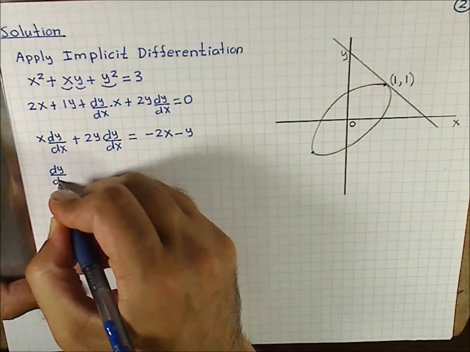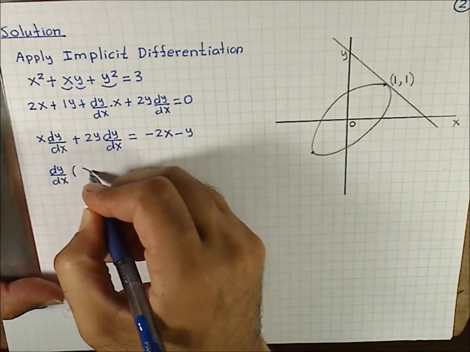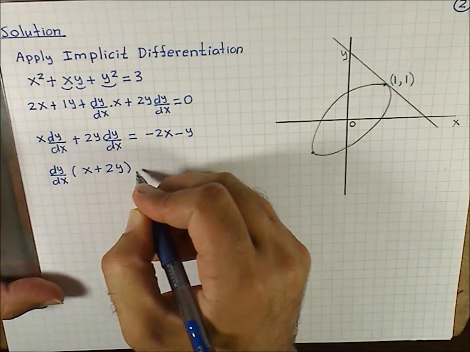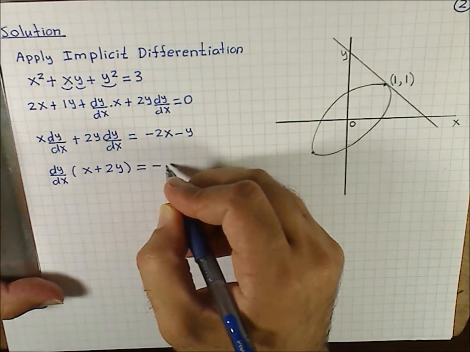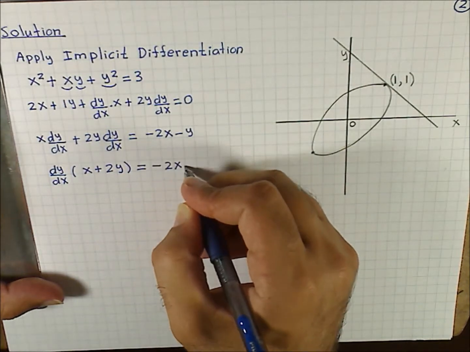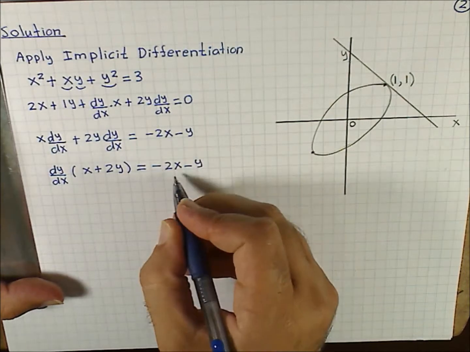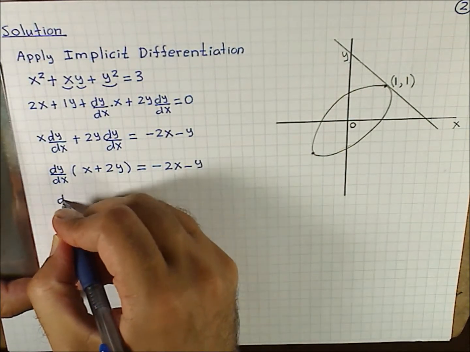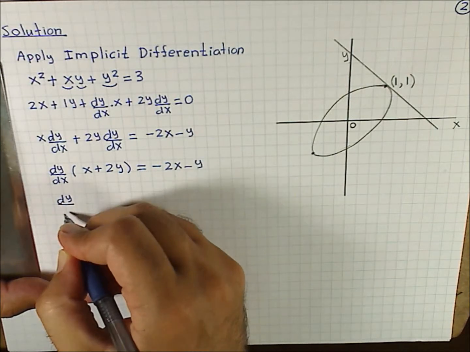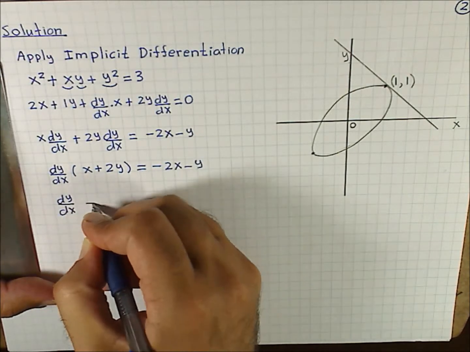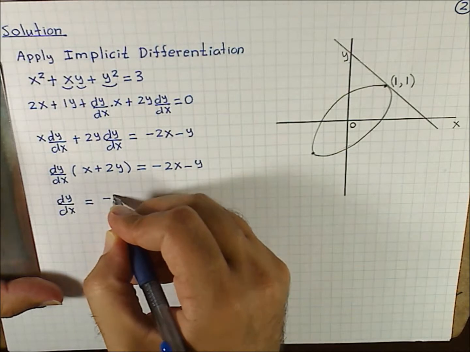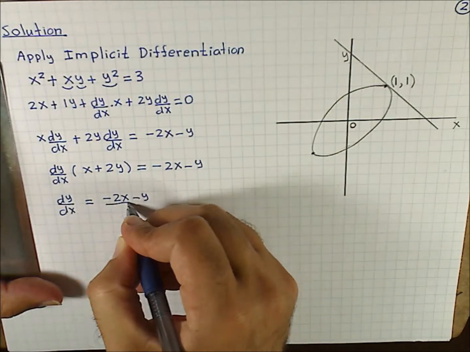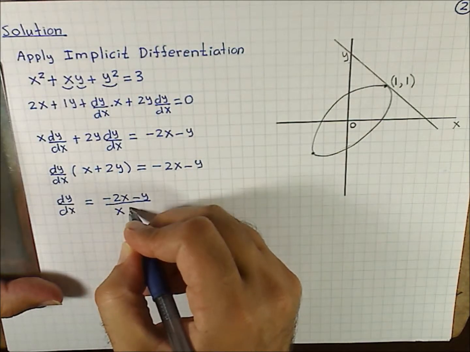We get dy/dx times (x plus 2y) is equal to negative 2x minus y. Divide both sides by x plus 2y and we get dy/dx is equal to (minus 2x minus y) divided by (x plus 2y).